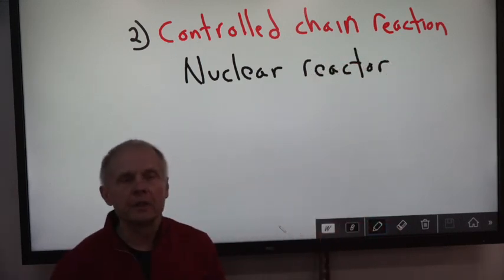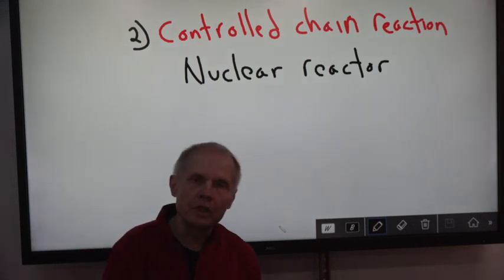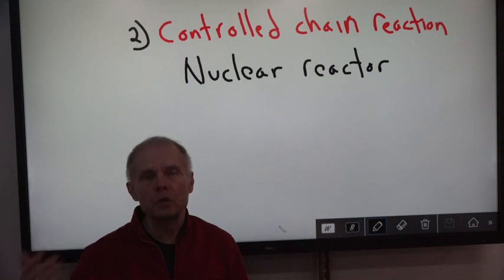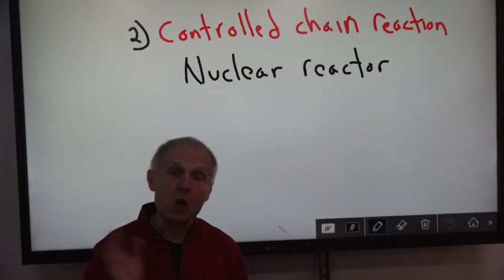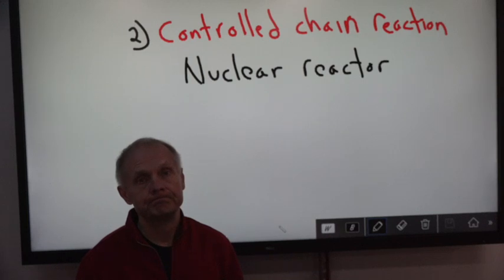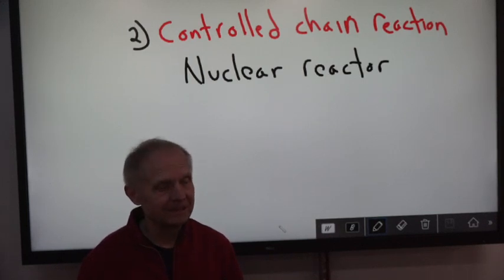A nuclear reactor. So if we control the number of neutrons hitting the other nuclei, it's a nuclear reactor. If we don't control it, it's an atomic bomb. All right?